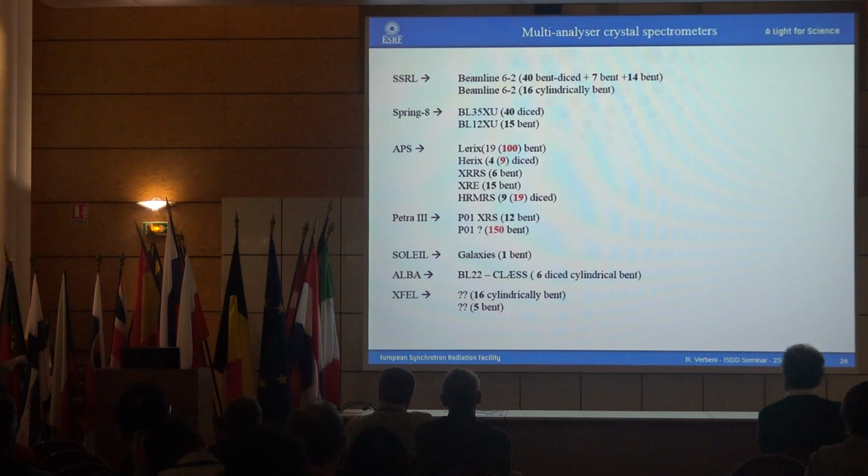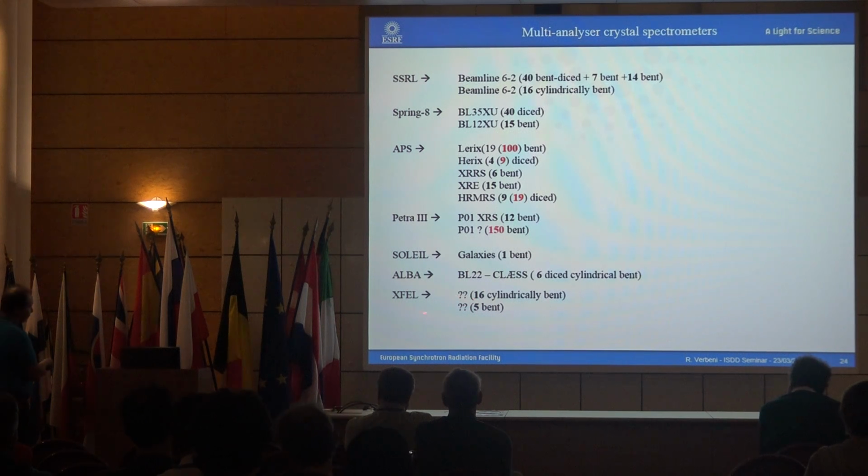They have a Raman spectrometer of 12 band analyzers. They are planning to build also another big spectrometer with 150 band analyzers. We have activity in Soleil, in Alba, and also the European XFEL is coming. The European XFEL is coming to knock on our door with some requests for analyzers.